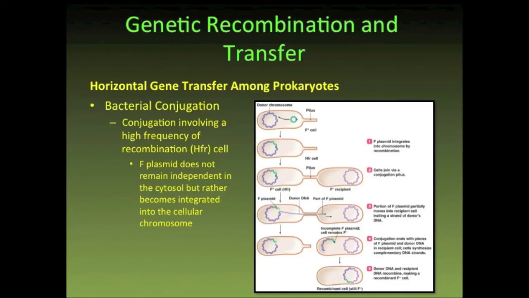The donated DNA is integrated into the chromosome of the recipient. The plasmids integrate at specific sites within the chromosome, and as a result, the genes are transferred in a specific order. Scientists have used HFR conjugation as a tool to map genes on bacterial chromosomes.